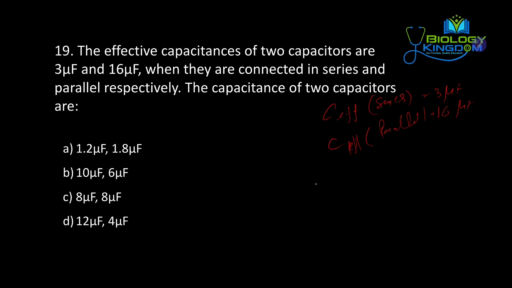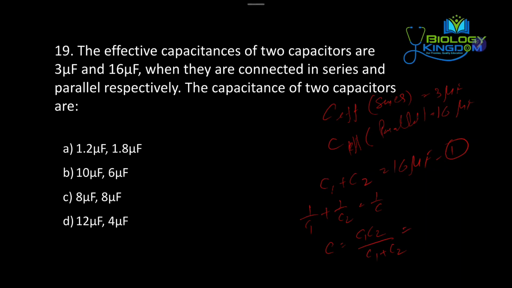How will we solve it? We'll just use the formulas. In the parallel case the capacitances are directly added, so C1 plus C2 is equal to C. This is our equation 1. For series, 1 by C1 plus 1 by C2 is equal to 1 by C, so C will be C1 C2 upon C1 plus C2.